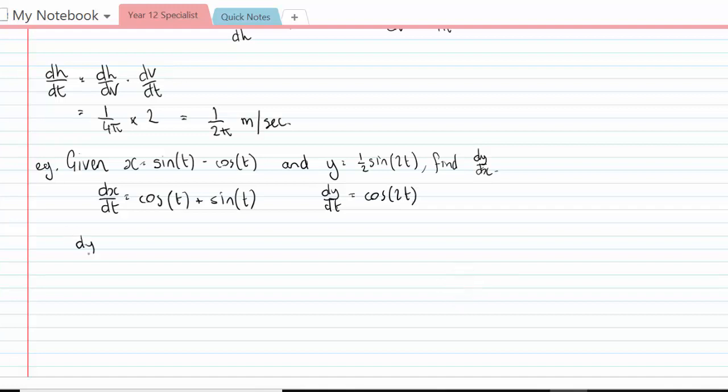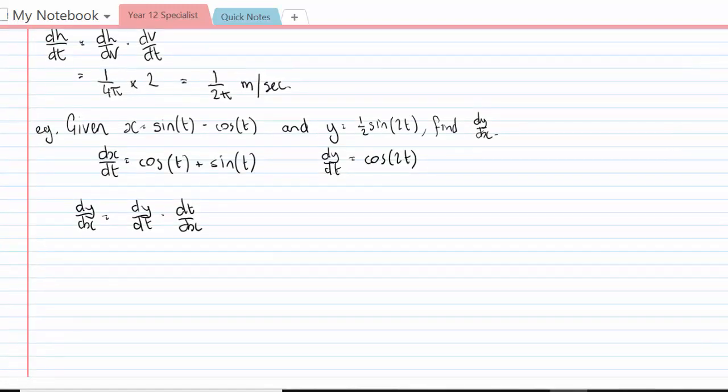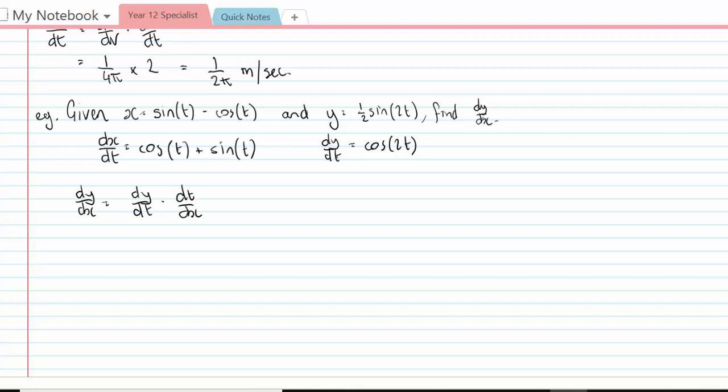Then I can say that dy/dx must equal dy/dt by dt/dx. Again, just using chain rule. And dt/dx is just dx/dt flipped over. So that's going to be cos 2t multiplied by 1 over cos t plus sin t.